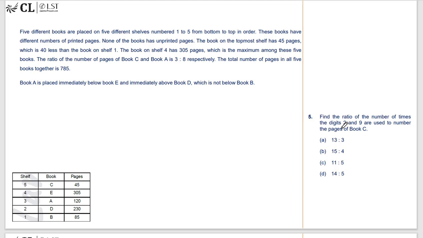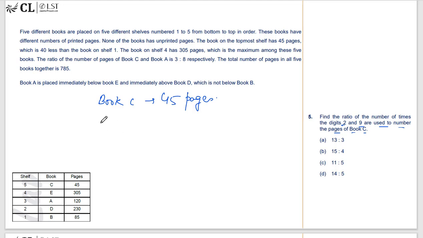Find the ratio of number of times digits 2 and 9 are used to write the number of pages of book C. Book C has 45 pages.